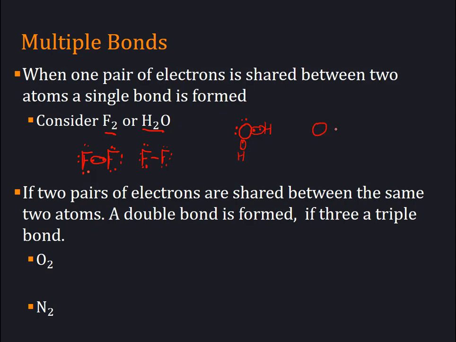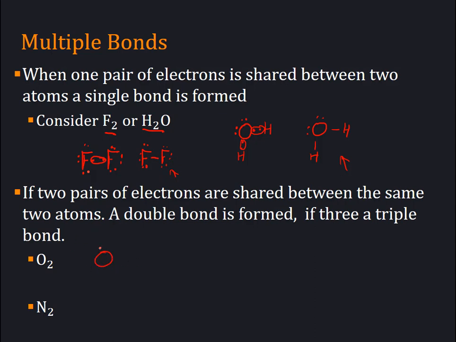So what we have is oxygen with its 2 unshared pairs, and then hydrogen with its shared pair, and the other hydrogen with its shared pair. These are called our structural formulas. They show us the bonds that form on these atoms. This is two single bonds, and each is a single bond because only one pair of electrons is shared. That means it's probably possible to have more than one pair of shared electrons.